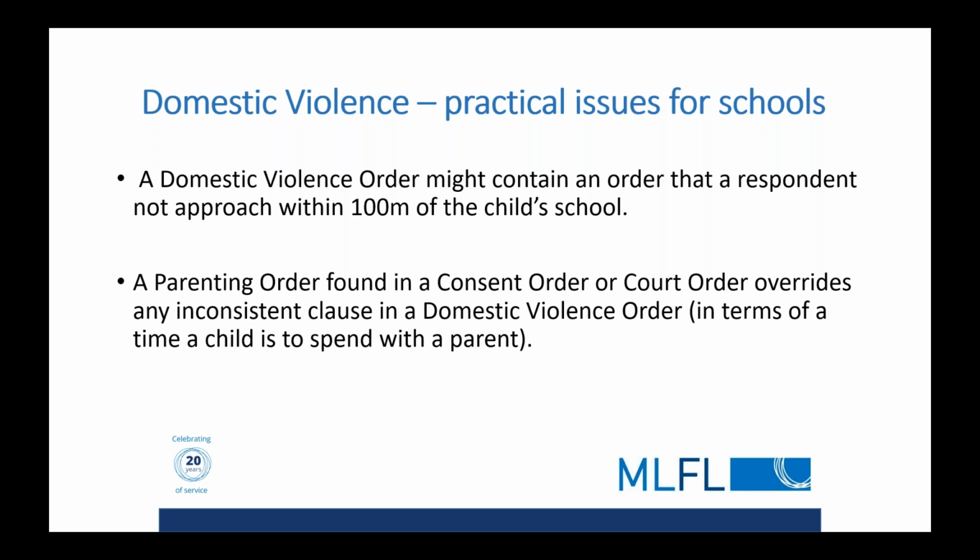So what this means is that if a parenting order provides for a mother to collect a child from school on a Wednesday afternoon, but there's also a domestic violence order in place, the mother can still go to the school if it's in line with the parenting order found in the court order.